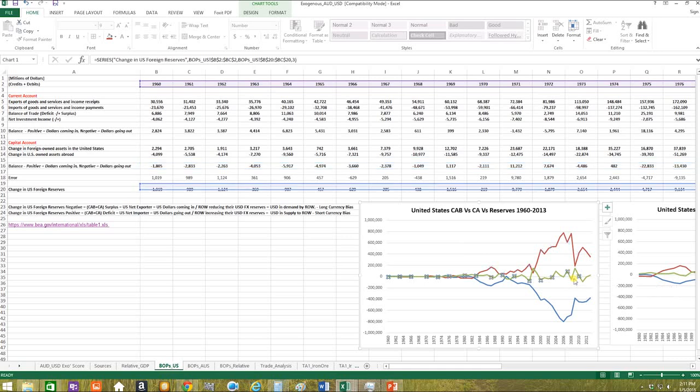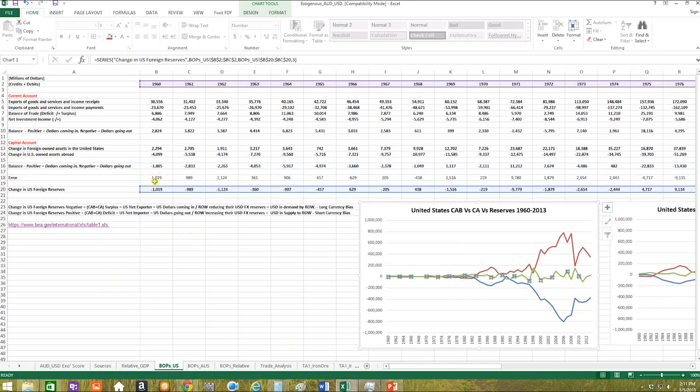And the balancing item is basically the inverse of the error. So it's the error inverse and has to be added back in. So the current account balance and the capital account balance equal 0. We want the whole balance of payments to equal 0.